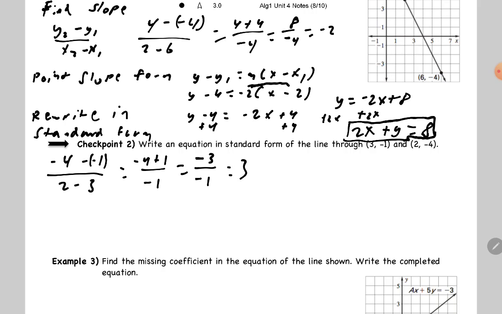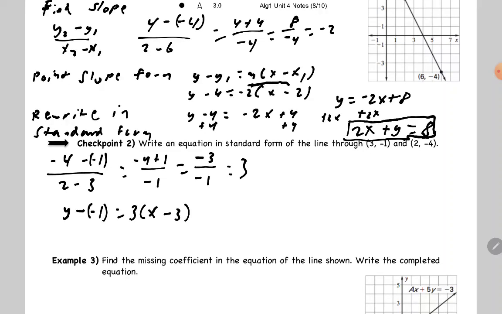Okay, point slope. So y minus, and I'll just use the first point, 3 comma negative 1. So y minus negative 1 equals, m is 3, times x minus 3, there we go.